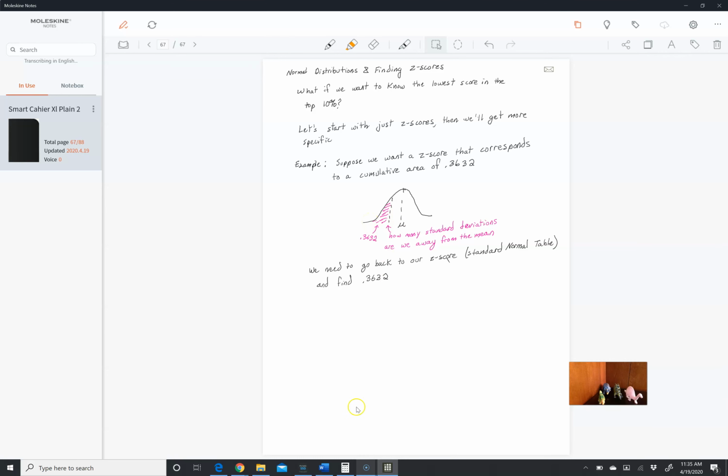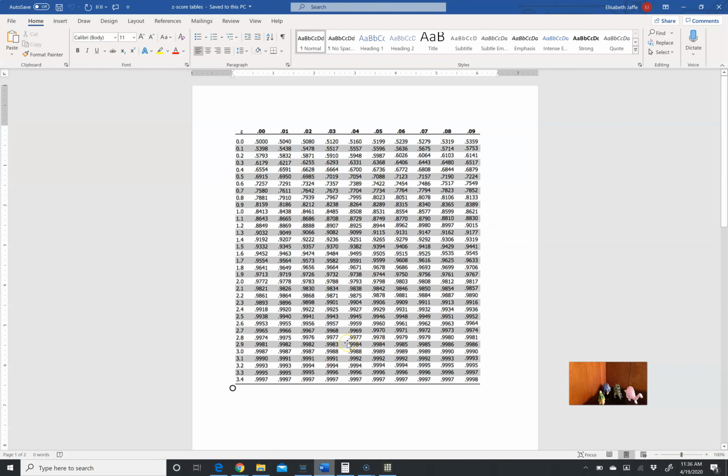Okay, so if we go look at our z-score tables or standard normal table, we know that we're to the left or below the mean, because our value is less than 0.5.